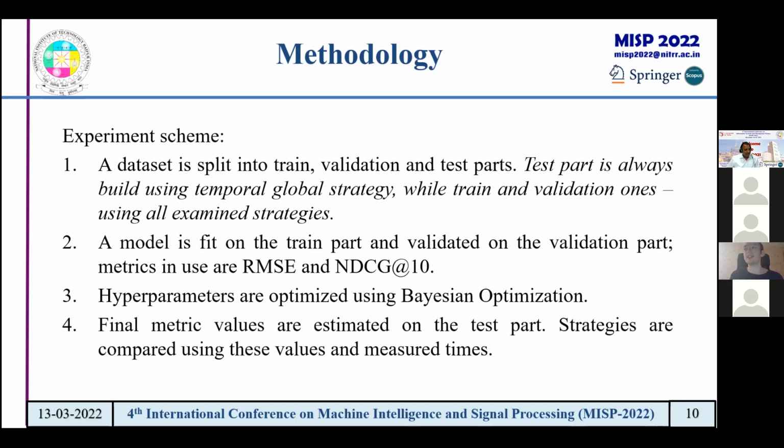A dataset is split into train, validation, and test parts. To make the test part, we always use the same strategy, and to make training and validation ones, we use different strategies. Next, a model is fit and validated. We use two metrics, RMSE and NDCG at 10. Hyperparameters are optimized using Bayesian optimization, and next we get final estimations on the test part.